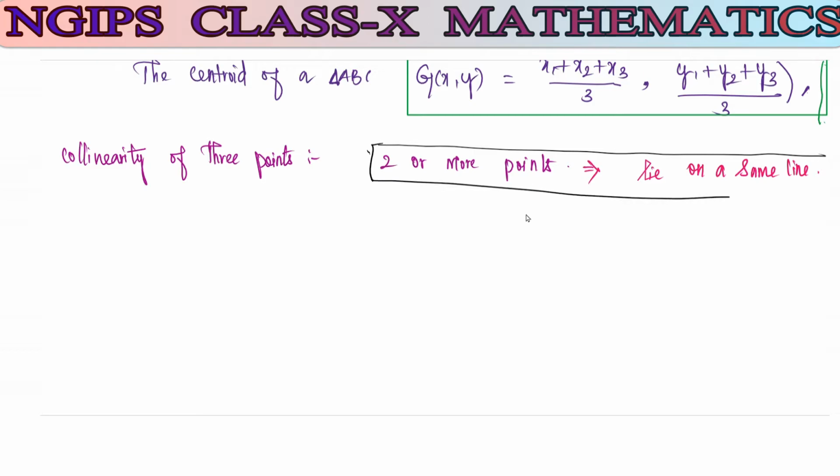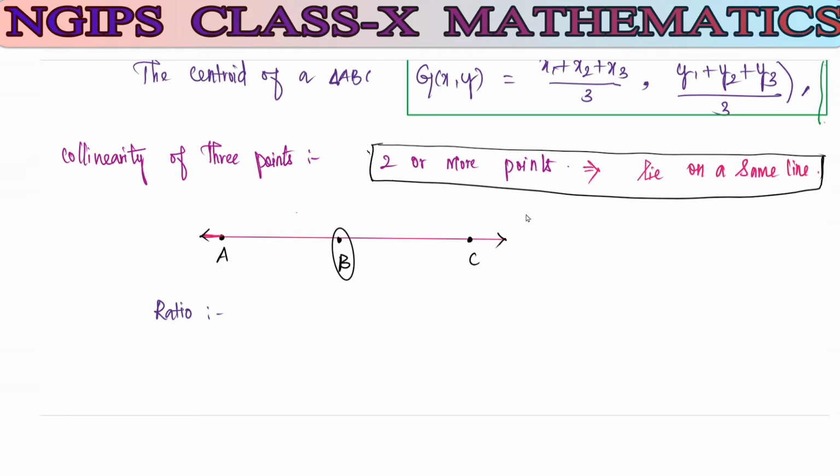To verify the collinearity of 3 or more points, for example here, I am going to draw a line. I have drawn the line here, so I can assume the points here. This is going to be A, here this is B, and I can take this as C. Here B divides AC in the ratio K:1.